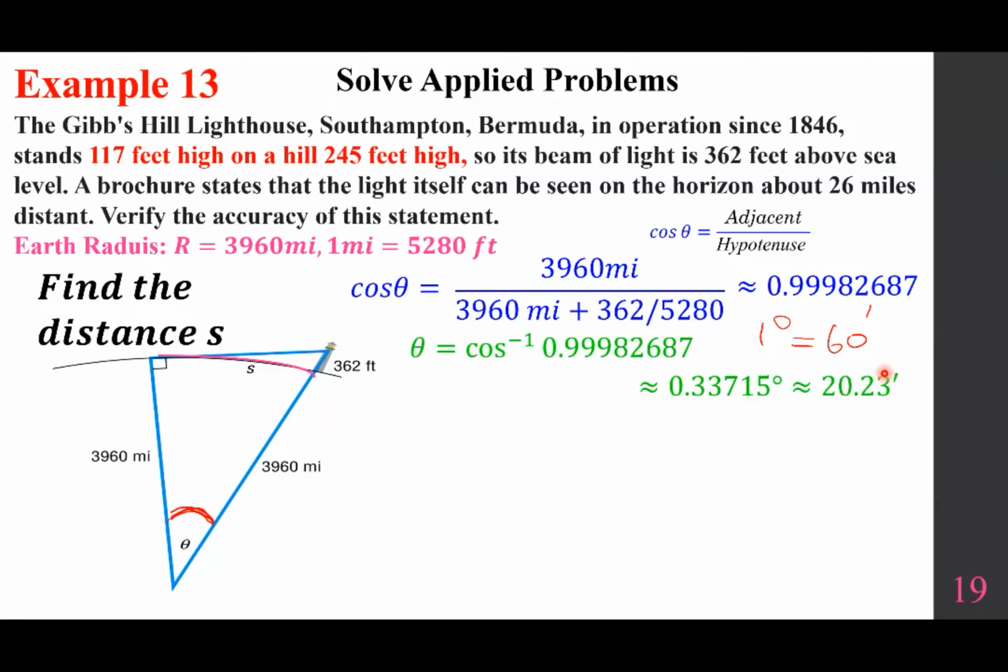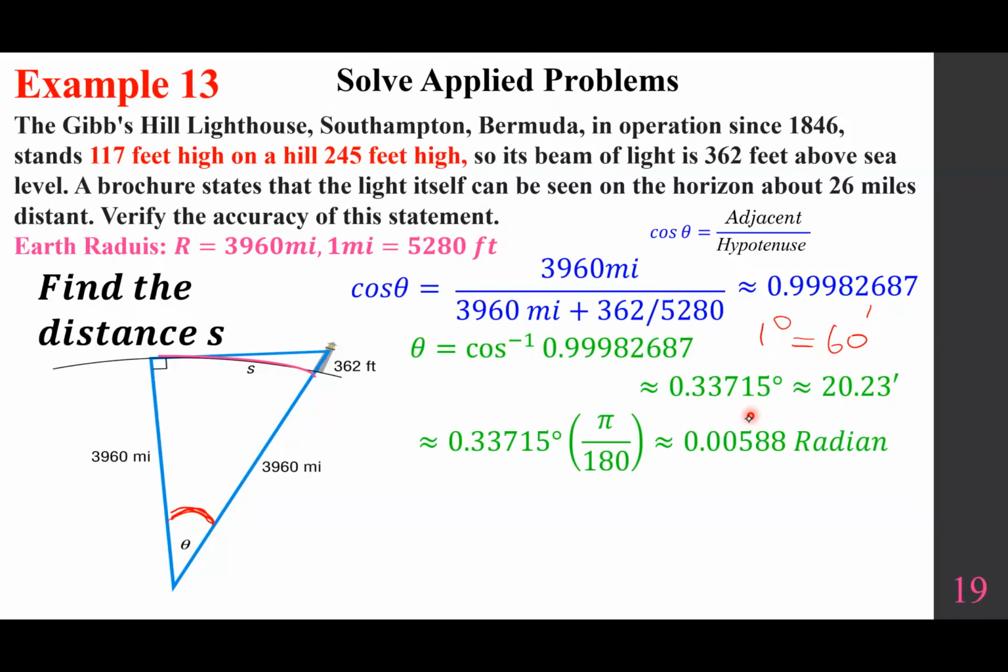Now, we are going to multiply this by pi over 180 to change it to radians. Why is that? Because S equals R theta, theta must be in radians. R is 3960. Theta is what we found here in radians, resulting in 23.3 miles.